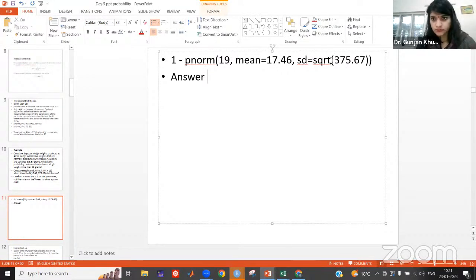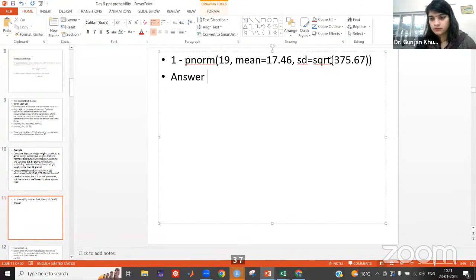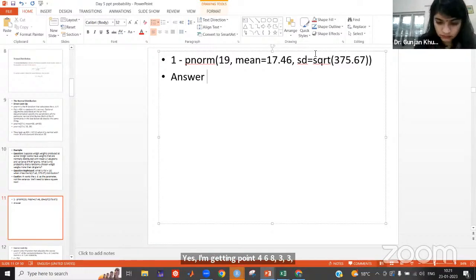SQRT is how much? 375.67. I'm getting 0.46833356. 0.468.